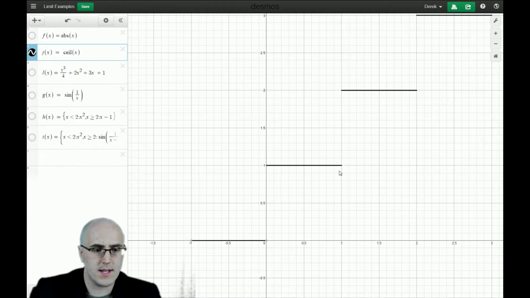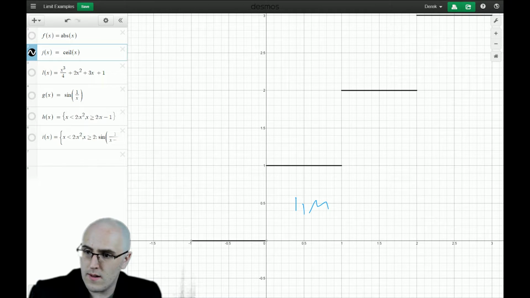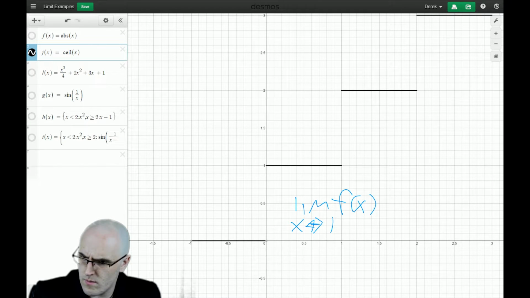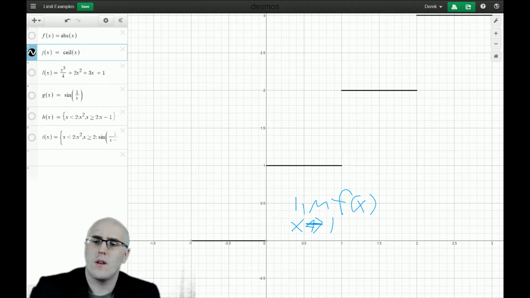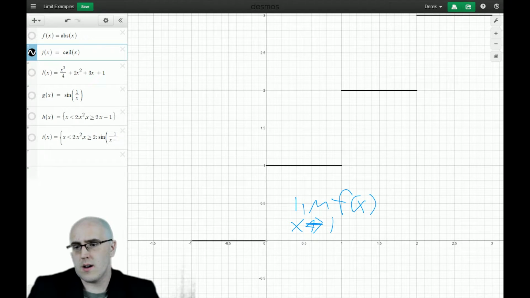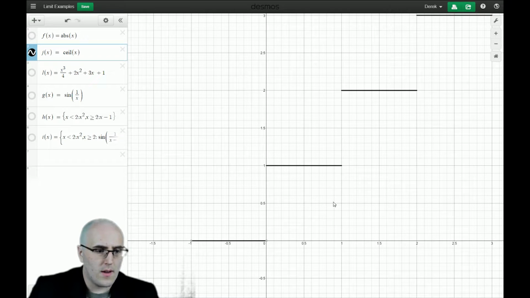For example, let's evaluate the limit of f of x as x approaches 1. All right, well let's take a look. Let me move that. So right here we have our 1.